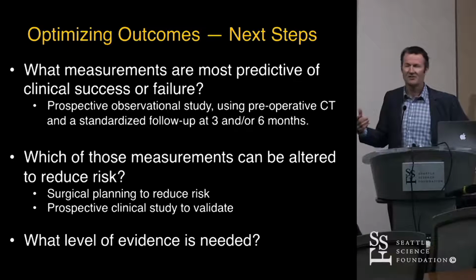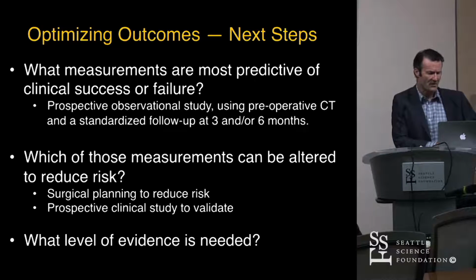I can't imagine if I was having a fusion surgery, I'd want to sign up for a research study. Very few people are going to want to do that. So the challenge is, what is the level of clinical evidence you would want as the person who's really running this, in order to decide to adopt any of these kinds of approaches, as opposed to just going with your current approaches. So I think that's an interesting conceptual issue for the field.